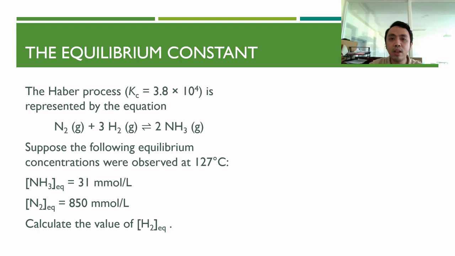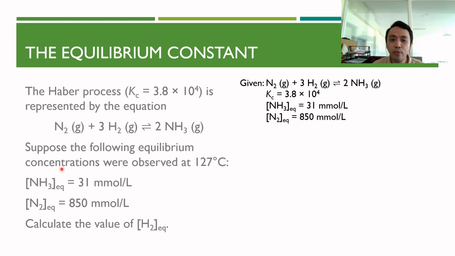To answer this one, we need to summarize the given information. In our problem, we take note of all of the given information. First, we are given the balanced chemical equation, which we have copied as one of our given values.